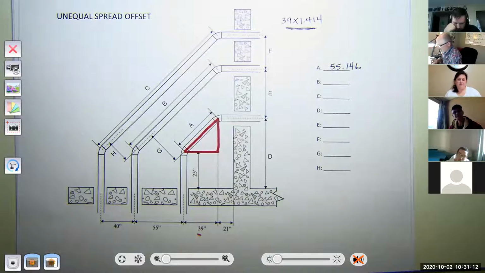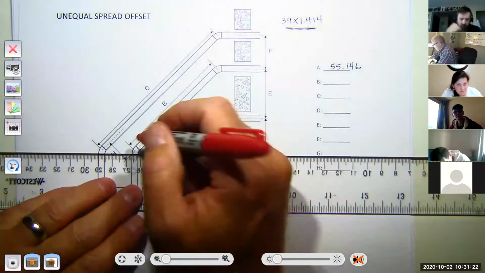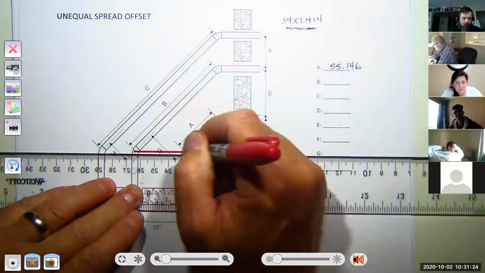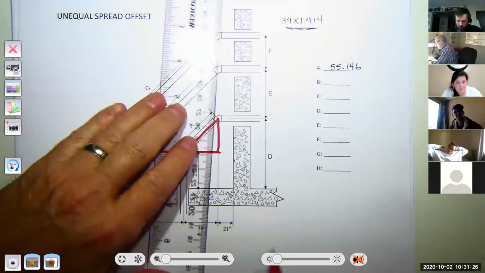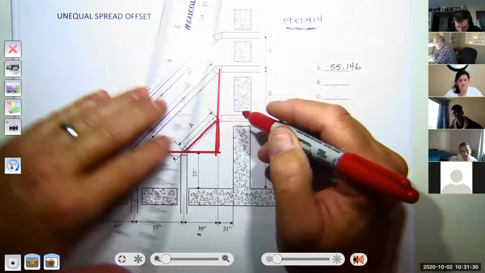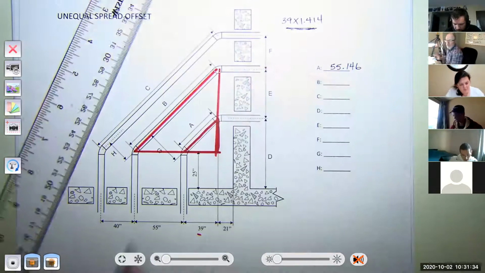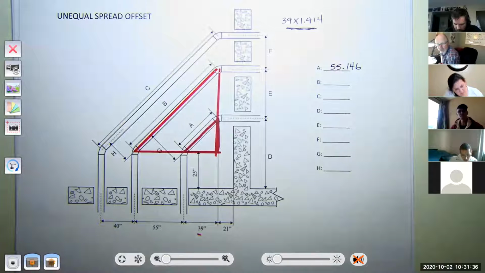Now, this next step, we're going to solve for B next. So I'm going to draw a bigger right angle triangle. Everybody see my bigger right angle triangle for B?